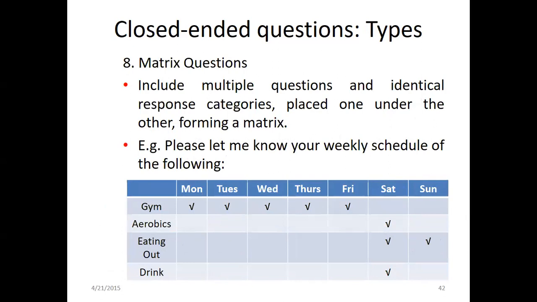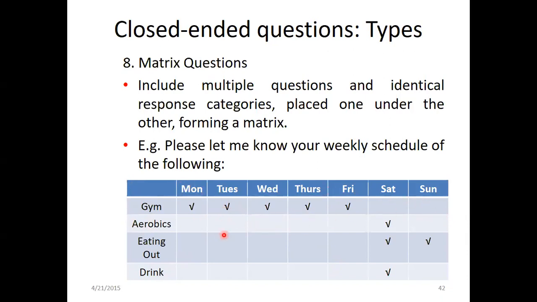Then you have matrix questions. They have multiple questions and identical response categories, forming a matrix. For example, please let me know your weekly schedule of the following: gym, aerobics, eating out, drinking, etc. And then here you have days.